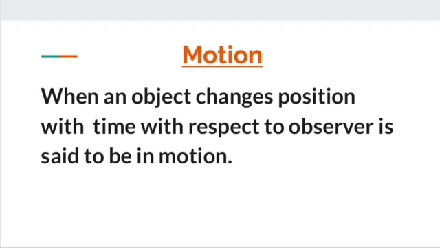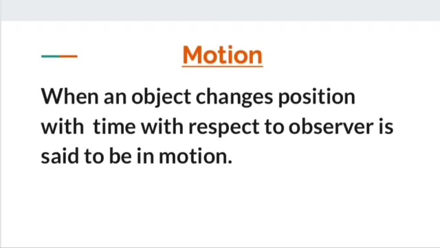Now what does it mean? Suppose you are standing along the road, and a car is moving on the road. So with respect to you, the car is in motion. Means with respect to the observer, the car is in motion. You are the observer.